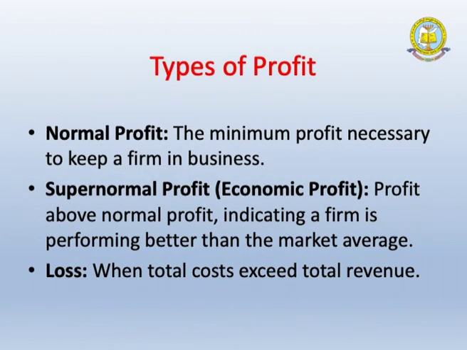Let's say there are 4 factors of production as per economics. You have to remunerate every factor that is contributing to the production of goods or services. Now, let me present the 4 factors before you. The land: you have to pay the compensation for using the land as rent.